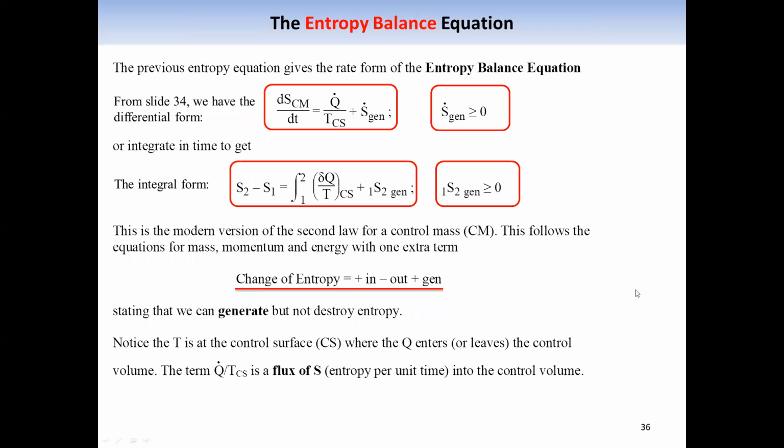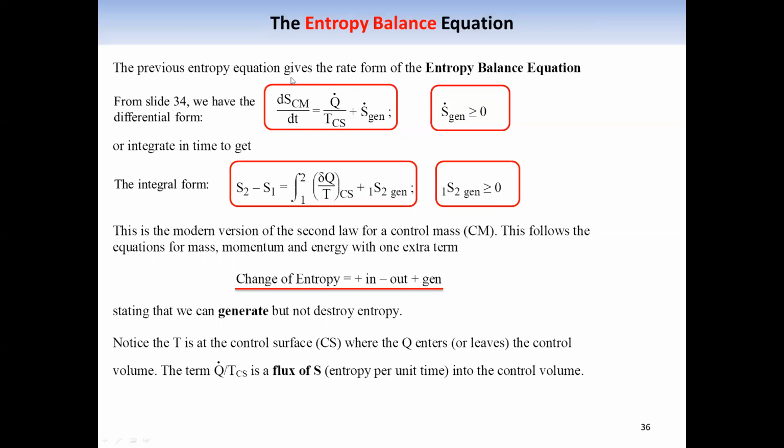Then if we look at the equation in dynamic format, that means if we divide the equation we just saw by dt, we get this equation in differential form. This becomes the rate of heat transfer. The third term becomes the rate of entropy generation.